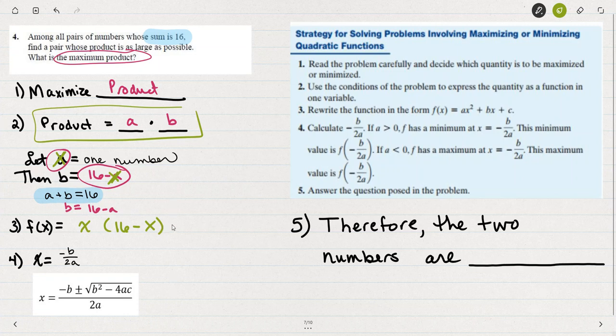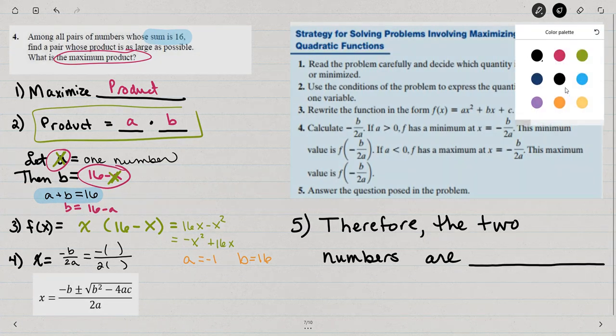Now, if I simplify this, if I multiply this out, I can get this in a form to find the vertex. If I distribute that x, I'd get 16x minus x squared, or if I rearrange it, put the square term first, the opposite of x squared plus 16x. So a, the coefficient of x squared, is -1, b is 16.